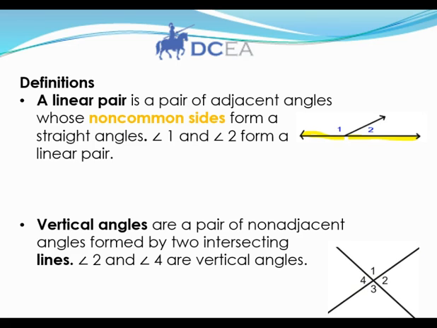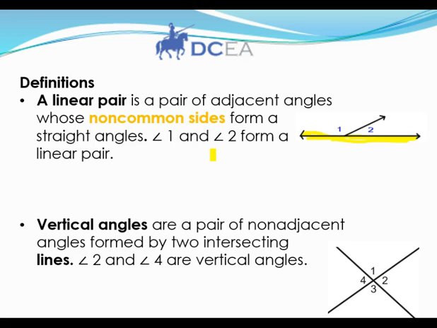Your common side would be the side in between the angles. So a linear pair is a pair of adjacent angles whose non-common sides form a straight angle. So these two sides form a straight angle. Angle 1 and angle 2 form a linear pair.